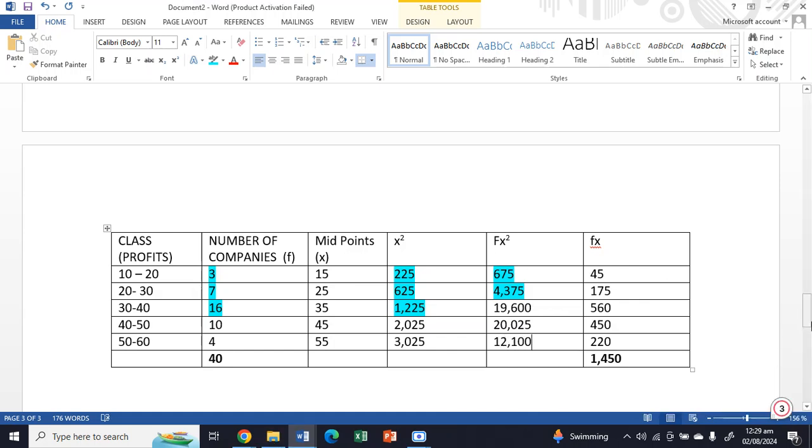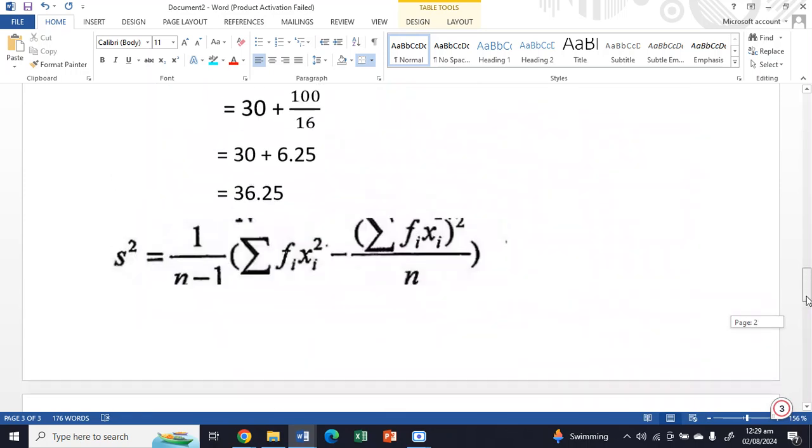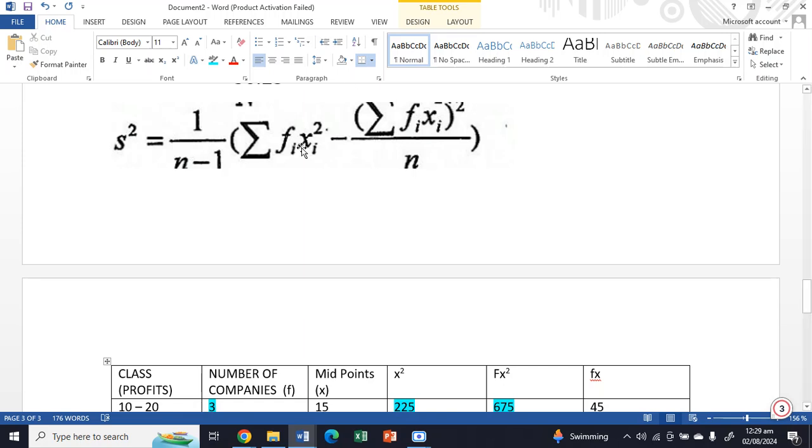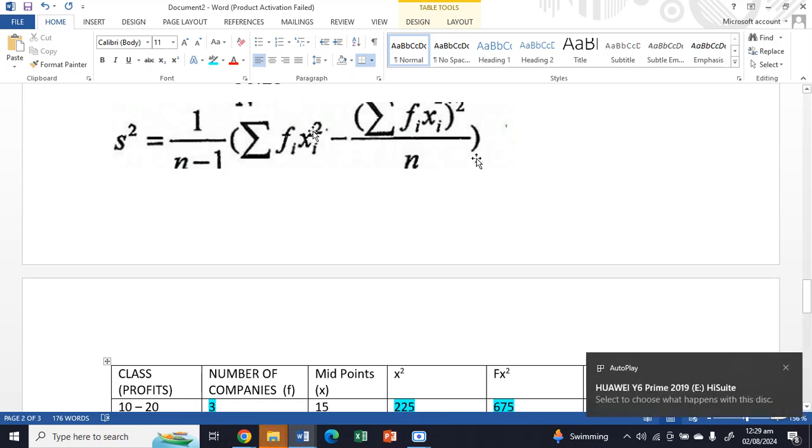Okay, so we can see here in our formula, where is the formula? Here. Summation of fx squared.